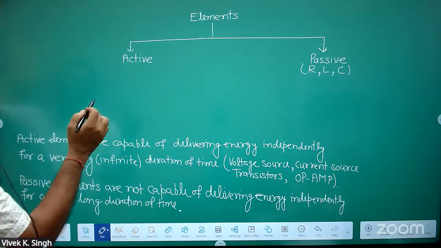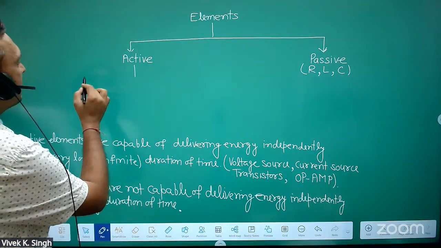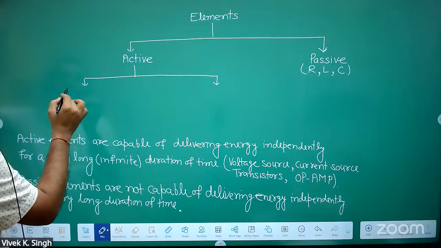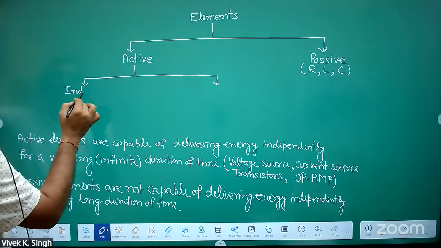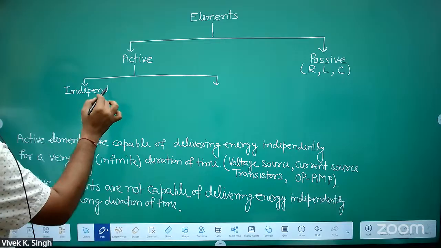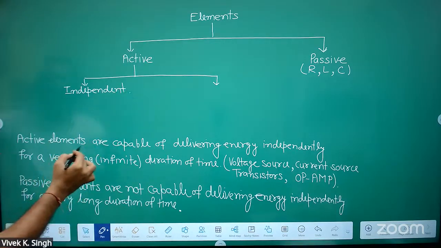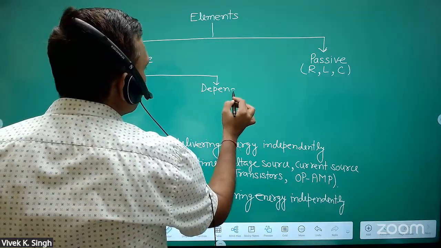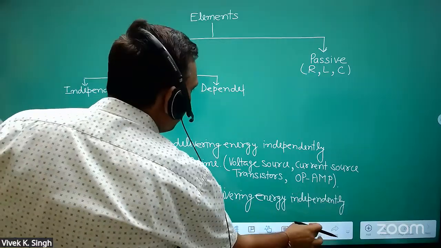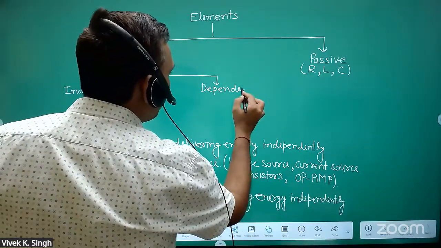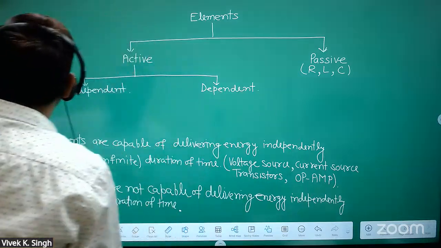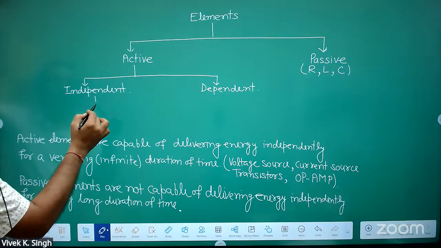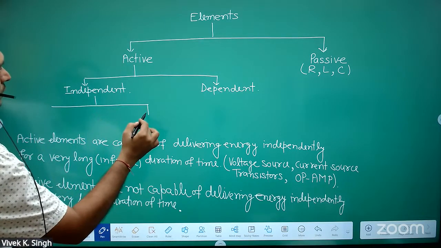Now for active sources, we again categorize them as independent and dependent sources. Independent sources are voltage and current: voltage source and current source.